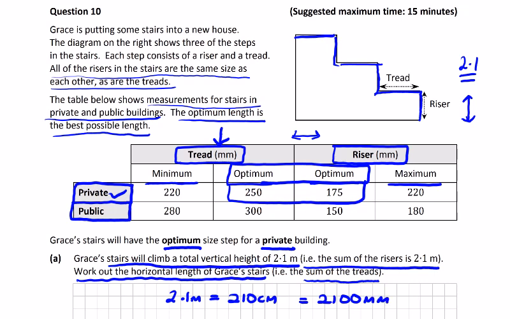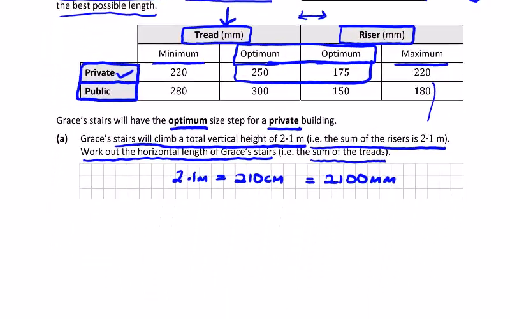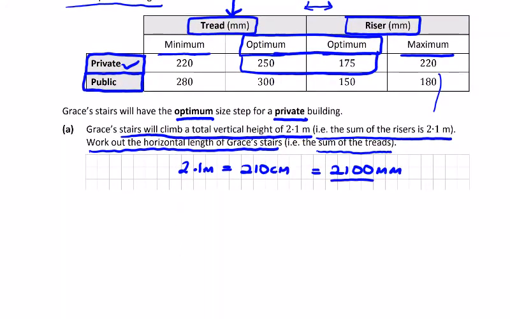So how many risers? We divide by the optimum riser, 175, which gives a total of exactly 12 steps.